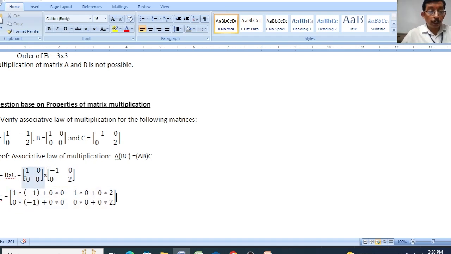Second row multiplied by the first column: 0 into minus 1, 0 into 0. Second row multiplied by the second column: 0 into 0, 0 into 2. Each row and column multiplication is complete. Now we solve the next step, the addition and subtraction of the matrix.